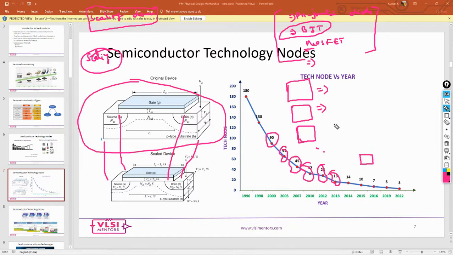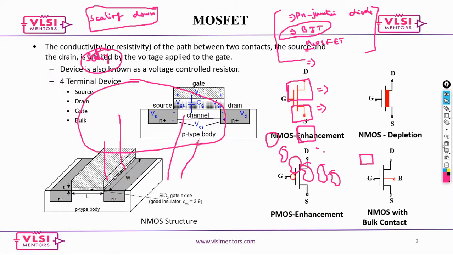This is what we call scaling. MOSFET offers a great scaling feature, and that is the main reason we always rely on MOSFETs.